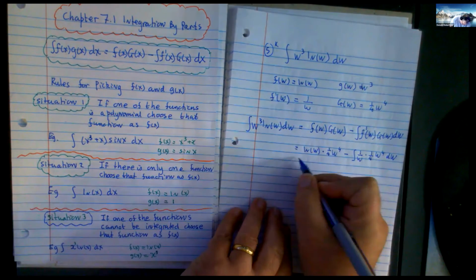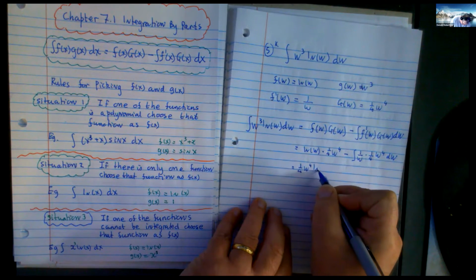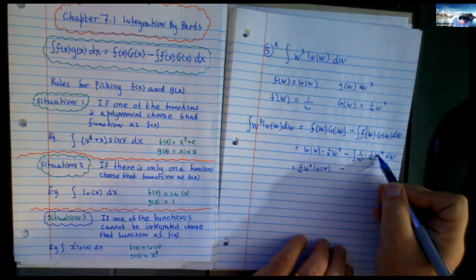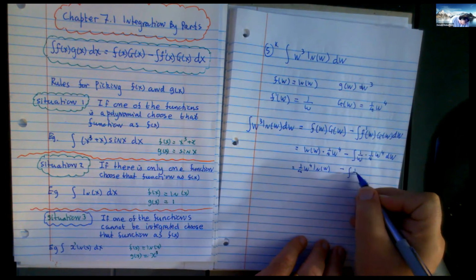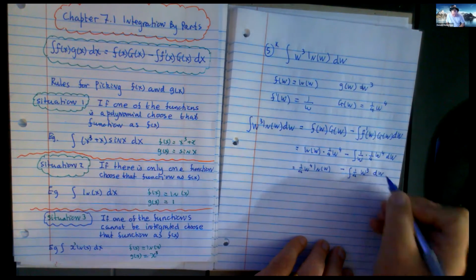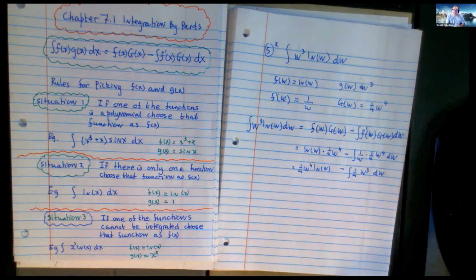To make that look a little bit prettier, I'd probably put the powers at the front. If I want to make that prettier, shouldn't I cancel this w with one of those? And I would be left with that guy. But that's good news, isn't it? Because this guy can be integrated. He's just a basic power rule.